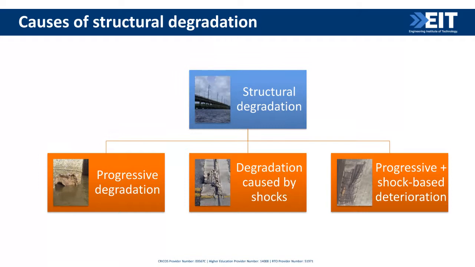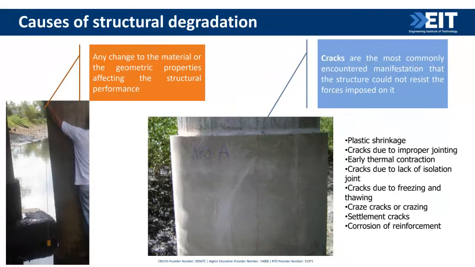And these are the points we need to consider when we try to understand structural degradation. Progressive, caused by shocks, or a combination of these two situations, which is the most common one.